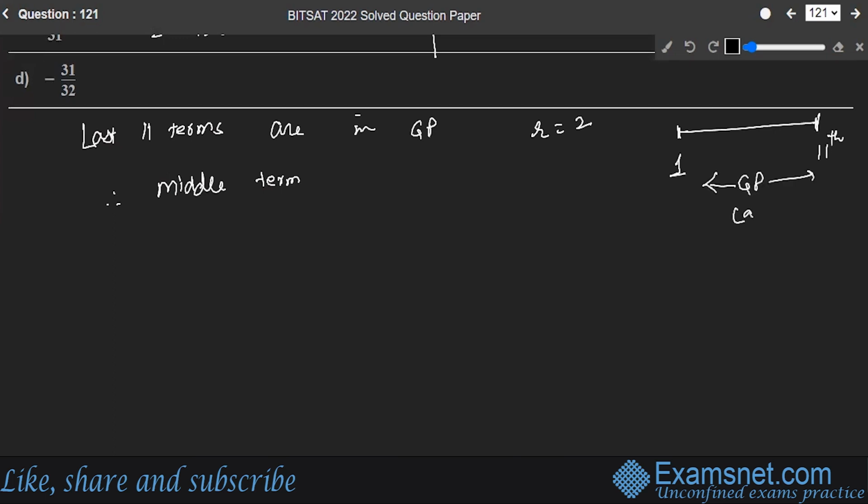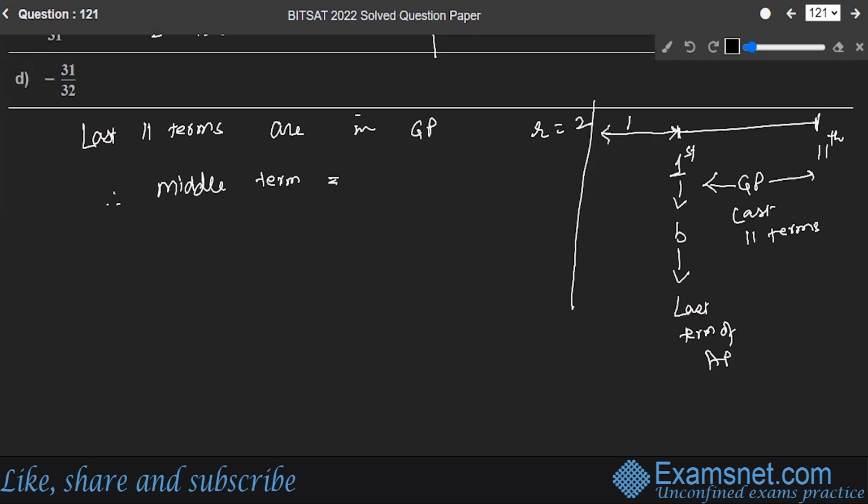Let's say the first term is B. This B is actually the last term of the AP, right? Because here you had the AP series of 11 terms, so the last term of the AP will be equal to the first term of the GP, right?